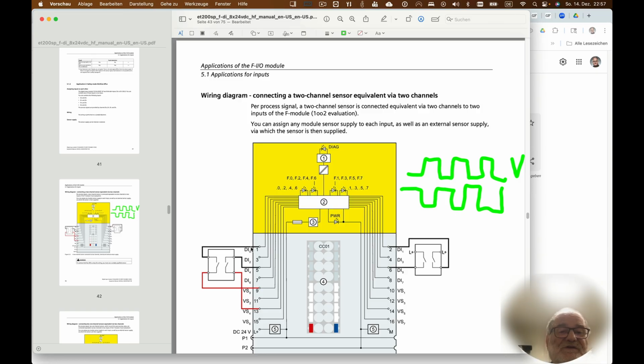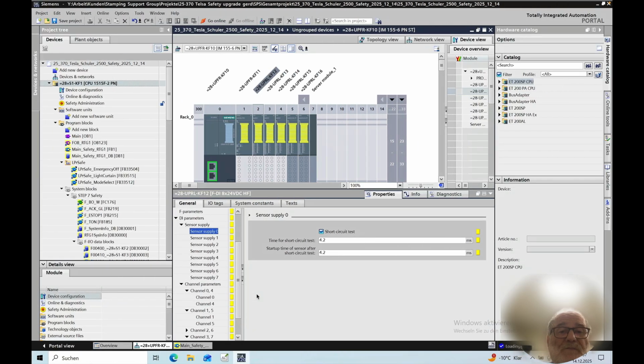So this is the reason why, if you want to reach PL E, performance level E, you have this short circuit proof application where you need to make this check mark on the short circuit test here. Okay, so this is for the equivalent.